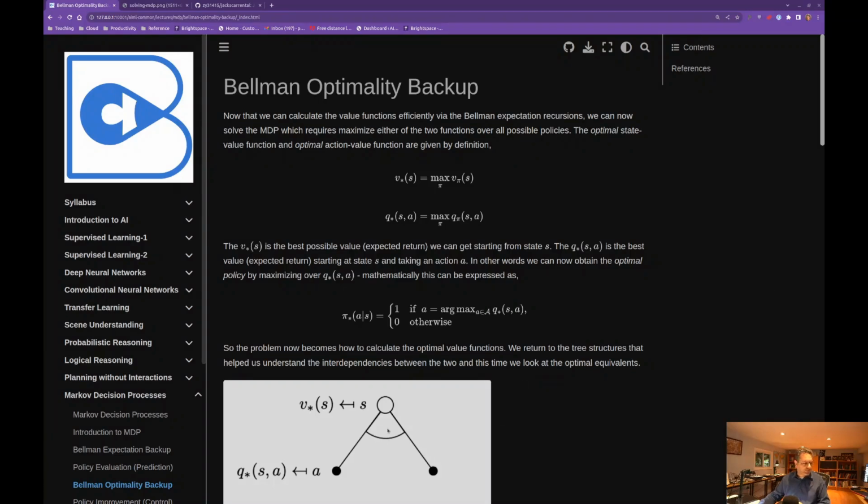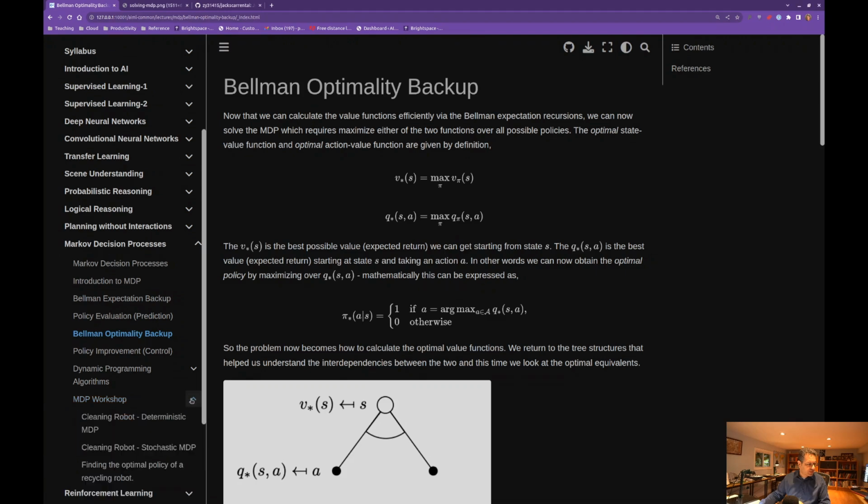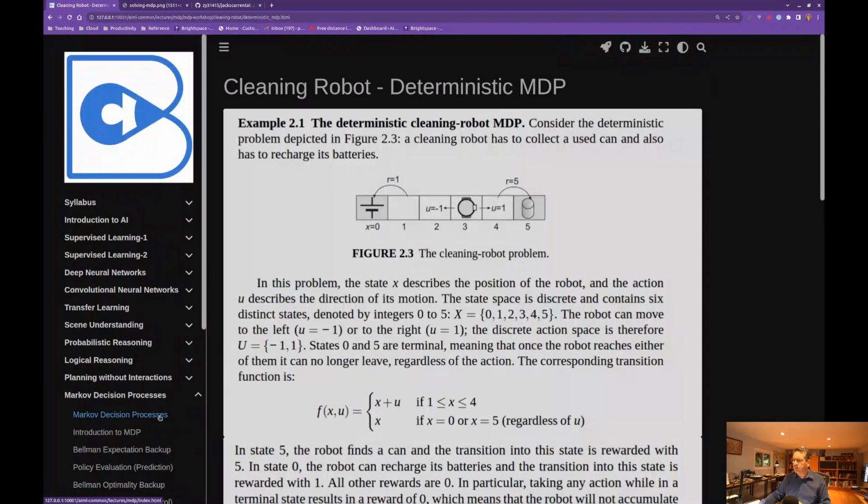So we have over here a very simple example, which I think is quite instructive. It is called a cleaning robot, and the cleaning robot environment is as follows. There are effectively 6 states.